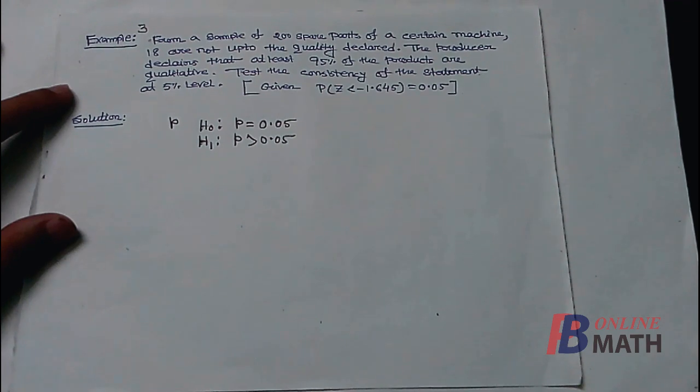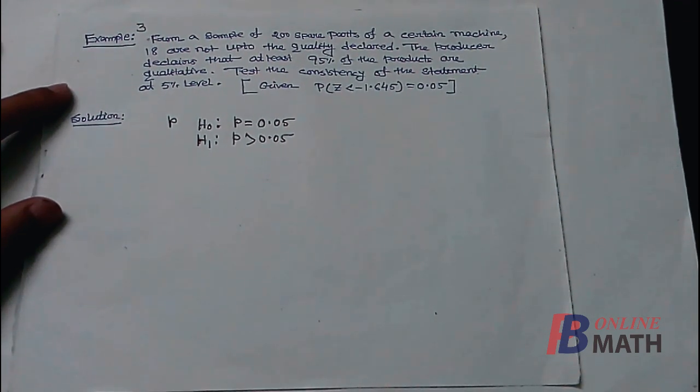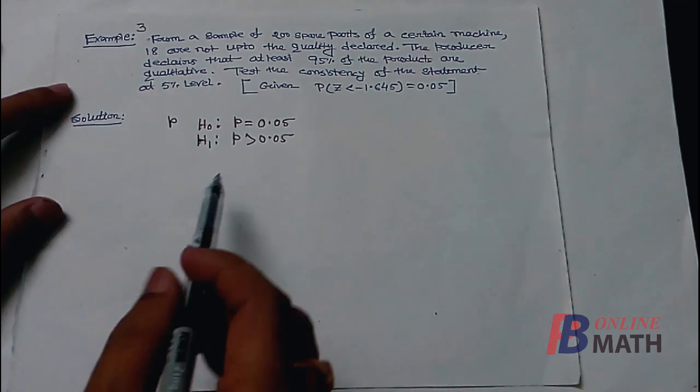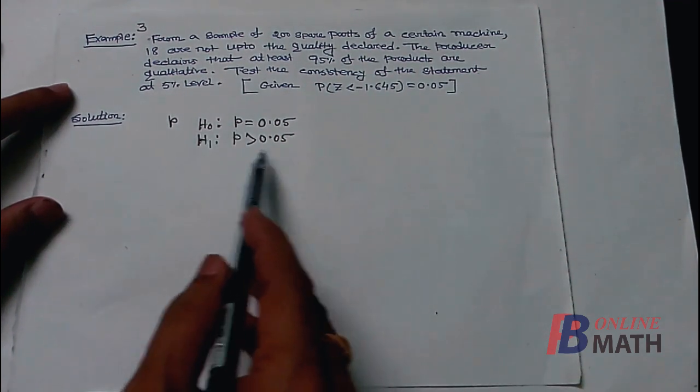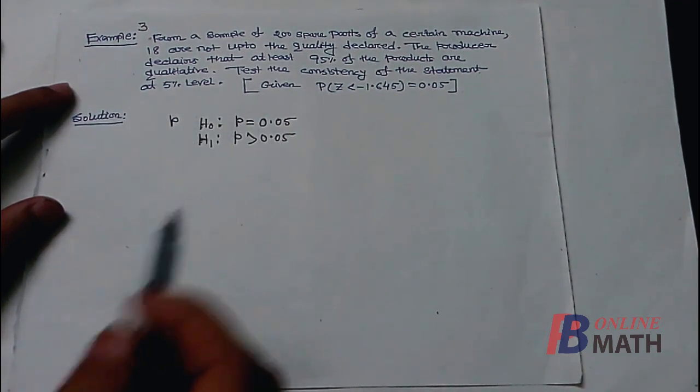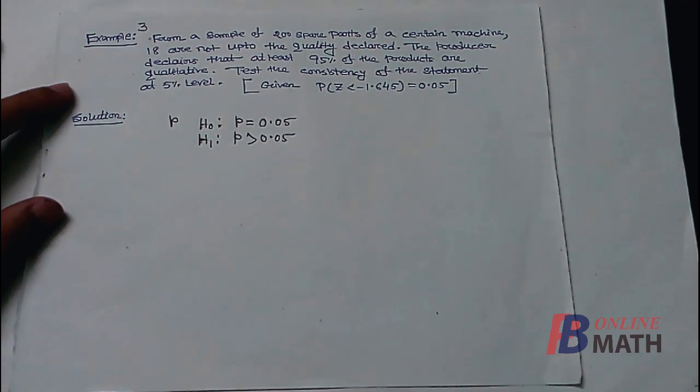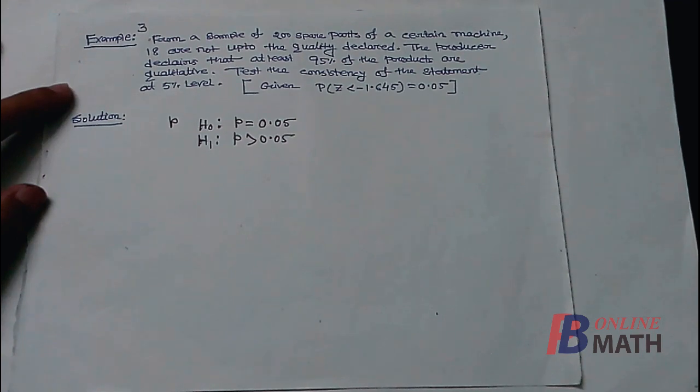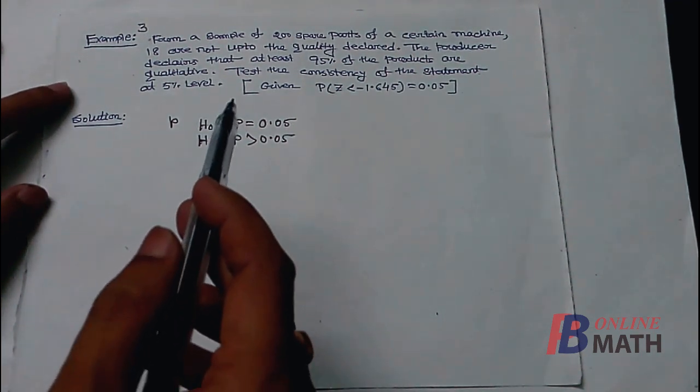If we want to prove the company wrong, then we have to prove that more than 5% products are defective. So here we assume the alternative hypothesis p greater than 0.05. So this is nothing but a right tail test, a one tail test.